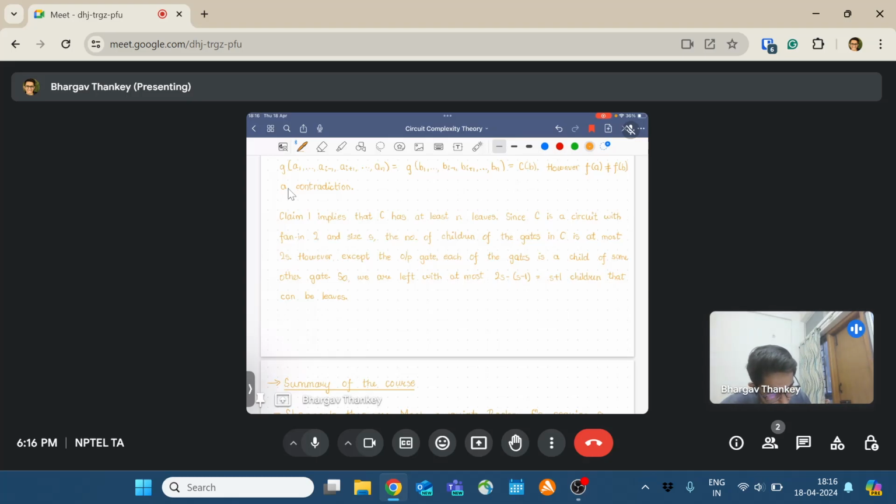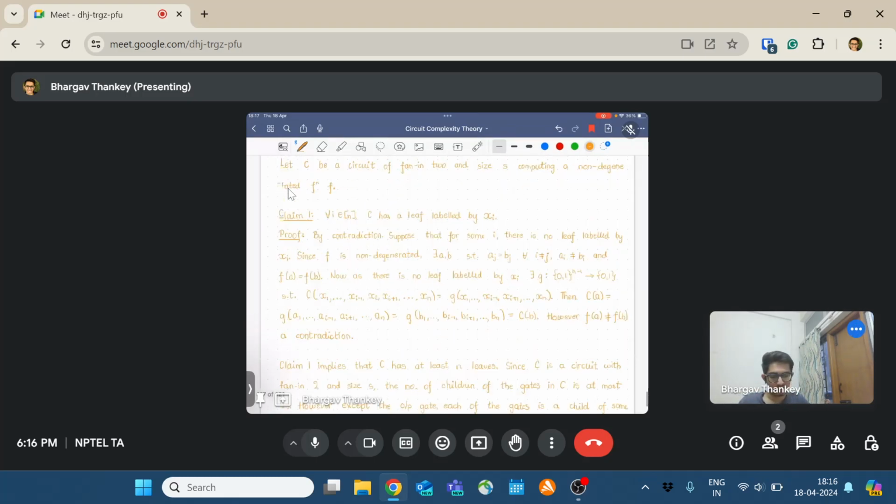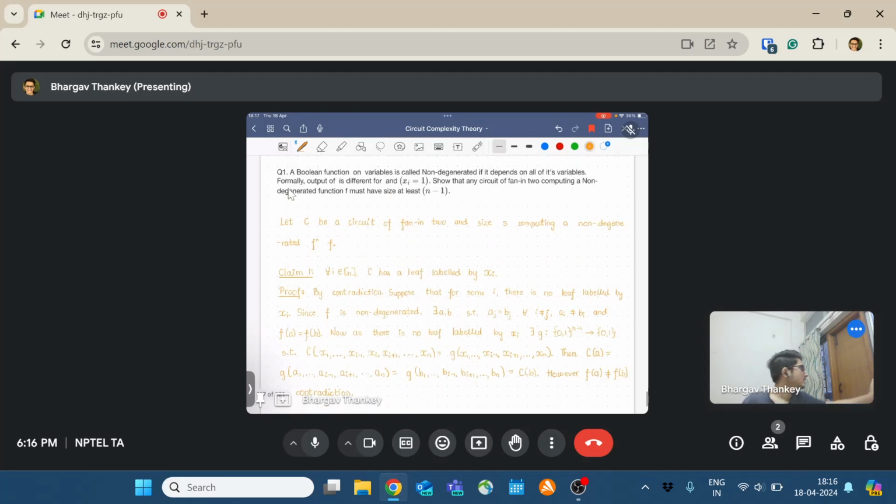And since there are at least n leaves, this means that s plus 1 is at least n. Yeah, this is what we wanted, right? We wanted the size to be at least n minus 1. Yeah, that we have shown.